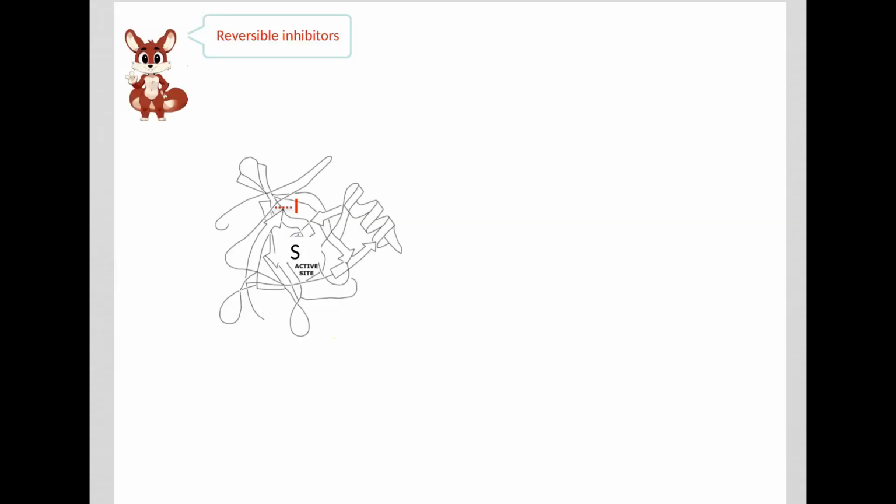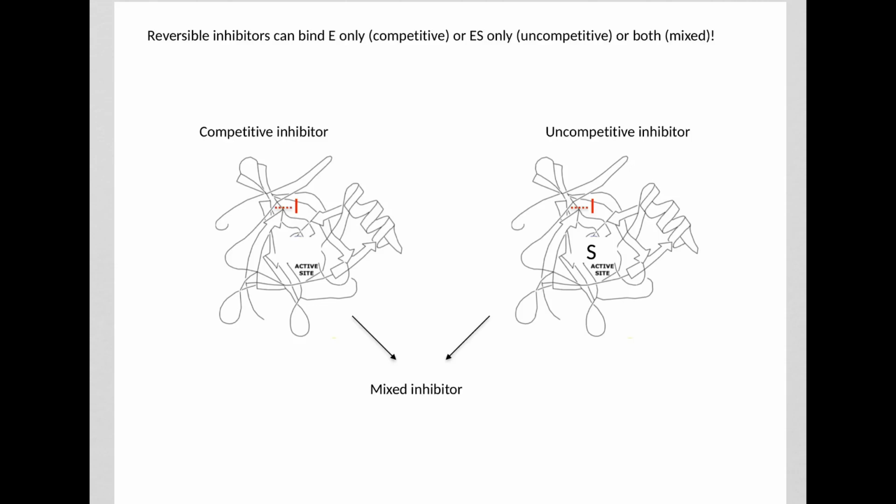Okay, so now let's look at reversible inhibitors. These are inhibitors that only temporarily diminish or reduce the enzyme function. There are three major types of reversible inhibitors. In the first type, what we call a competitive inhibitor, the inhibitor binds only the free enzyme. That means the enzyme doesn't have a substrate bound to it.